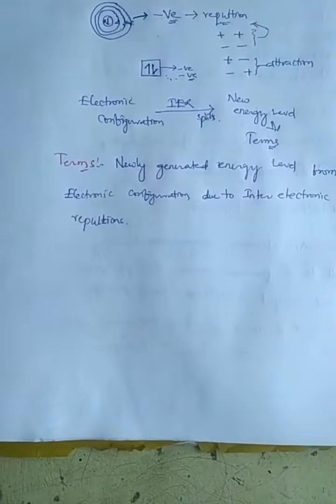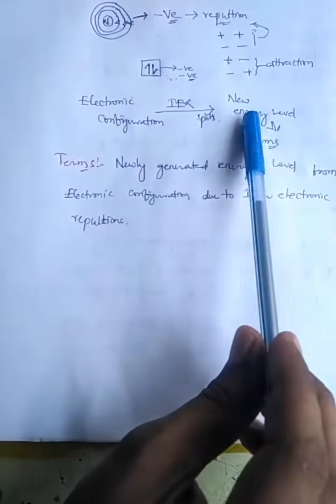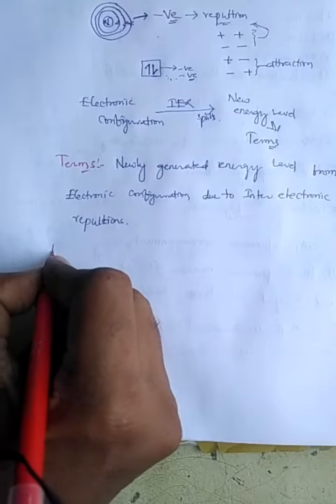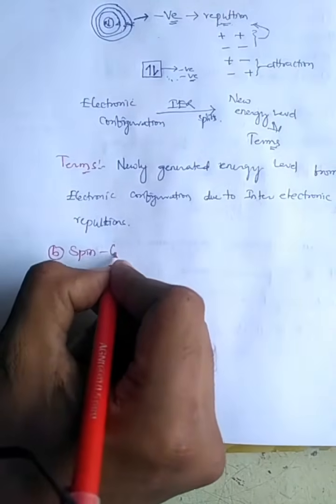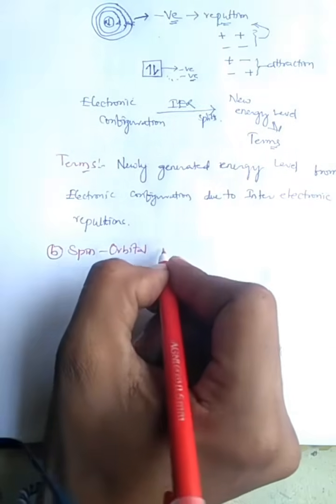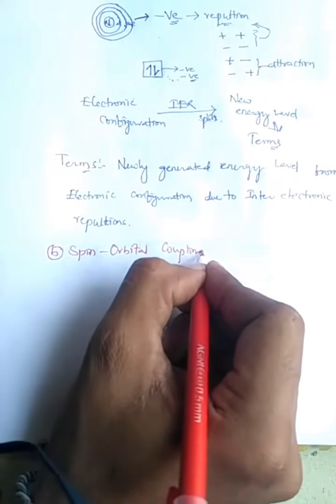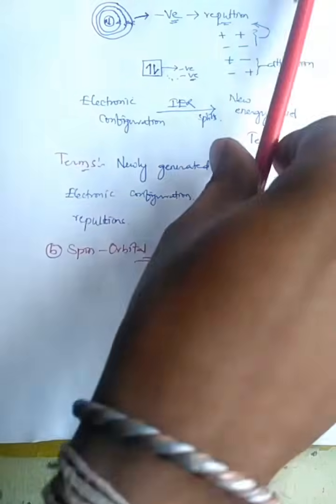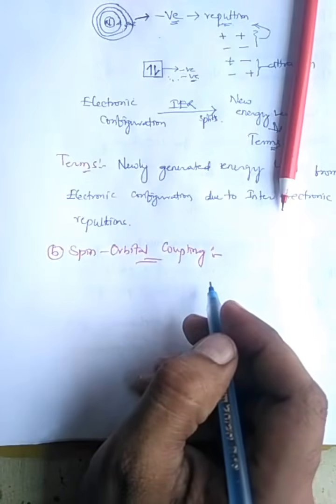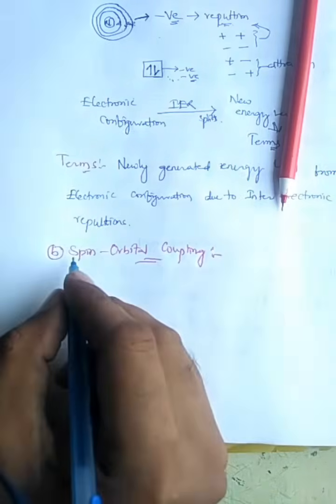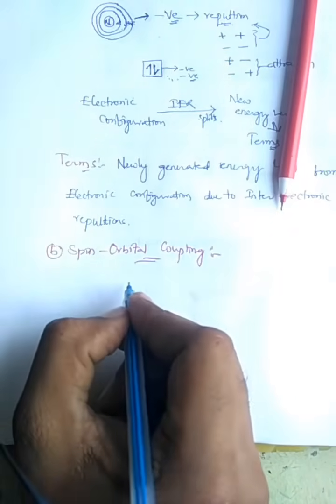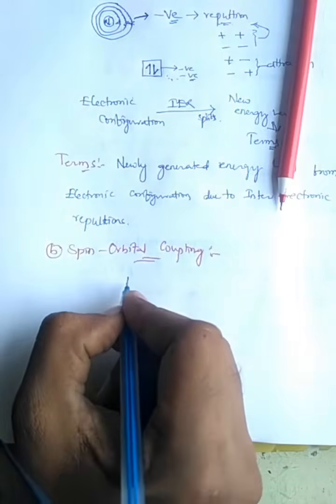So this is one internal perturbation which exists in an atom and destabilizes the electronic configuration. Coming to the next, the second perturbation is spin orbital coupling. This is also an internal perturbation which exists in the atom. Spin orbital coupling is due to electron motion.